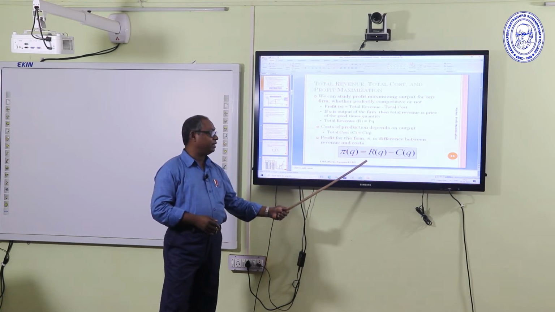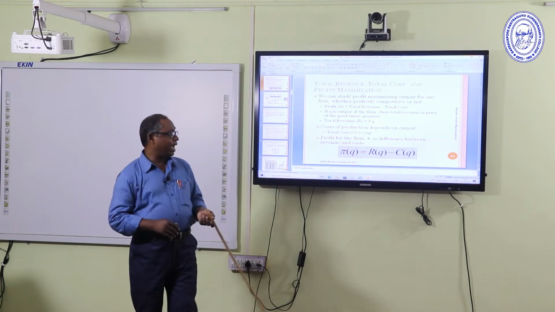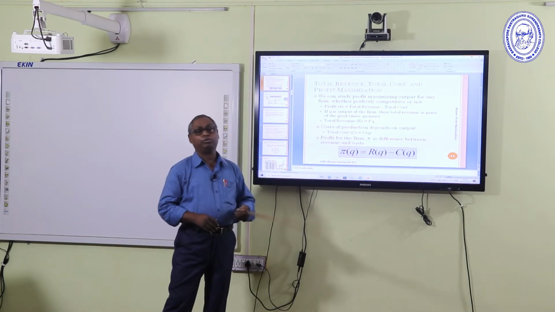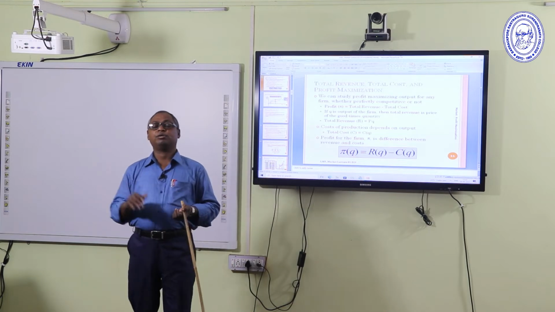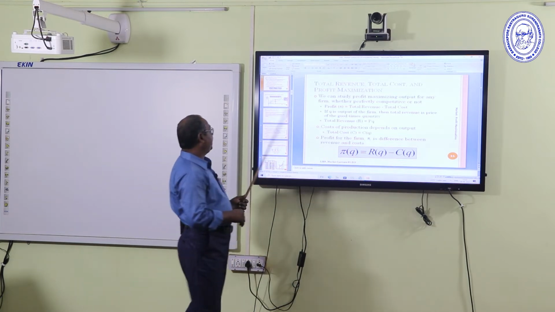And here del R by del Q is nothing but the slope of the total revenue curve, and del C by del Q will be the marginal cost, or slope of the total cost curve here.